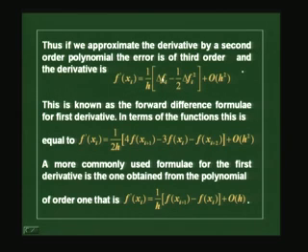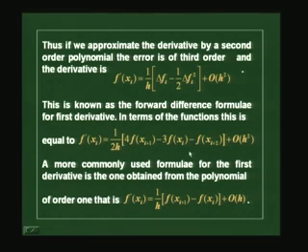Now substituting for delta fi and delta 2 fi, I can get a difference formula of this form. Remember, delta fi is fi plus 1 minus fi, and the delta 2 is the difference of the first order differences from the difference table. So then I can construct a function like that.